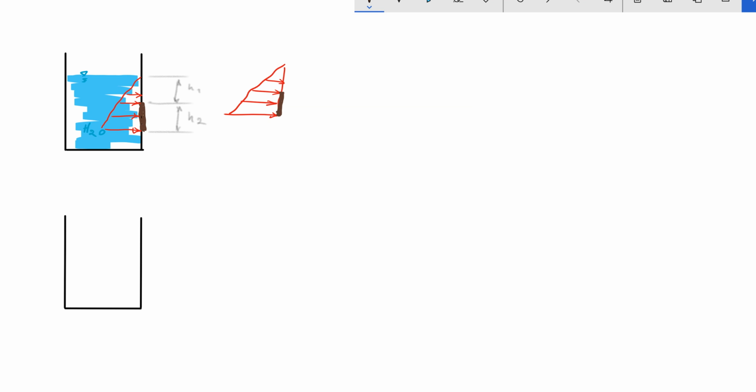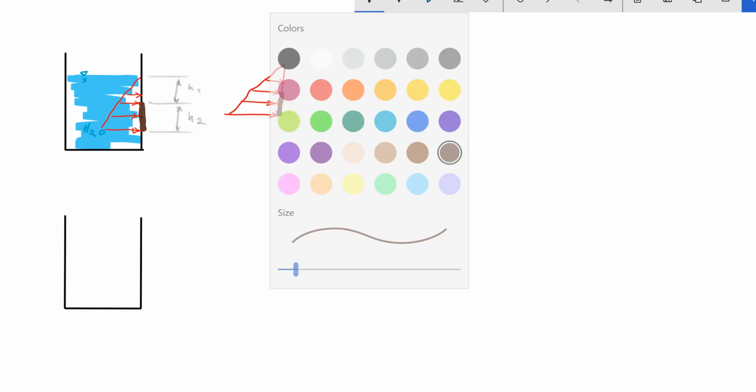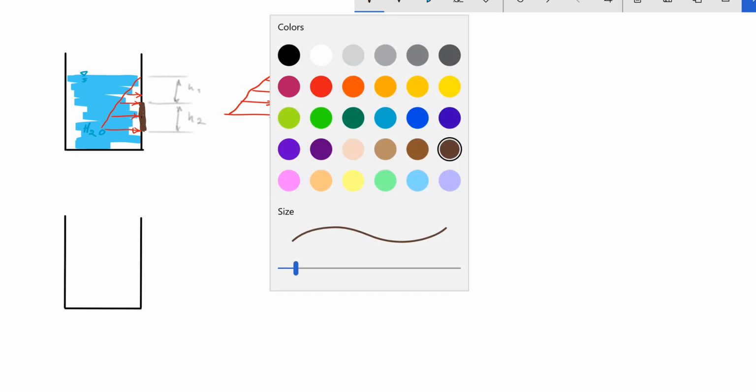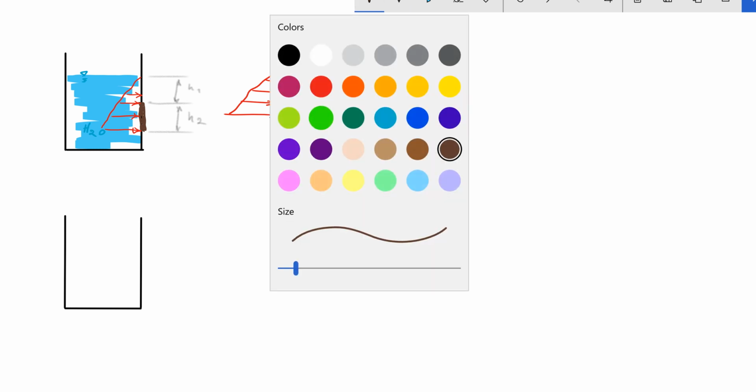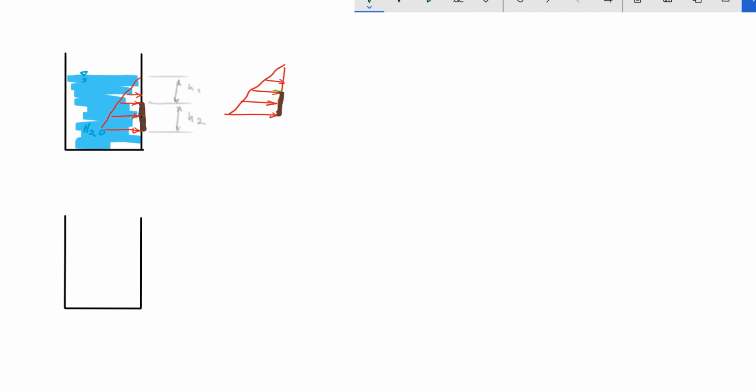So what I did is I selected this pressure and I converted it to two or three separate areas. One, let me select green, one, this area, which I can easily calculate.